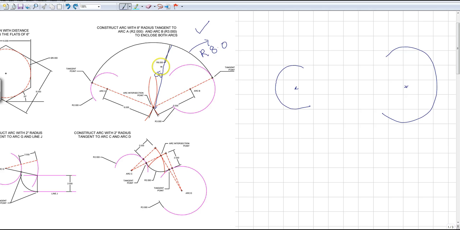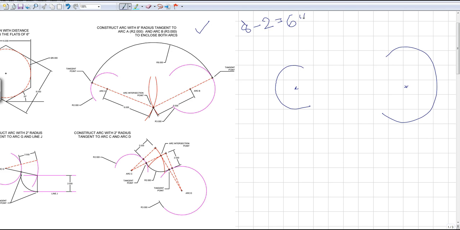Now to do this we have to do a little bit of math, where I have to subtract 8 minus 2 for arc A, which gives me a number of 6.